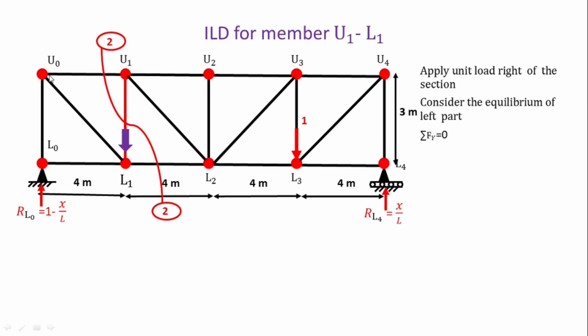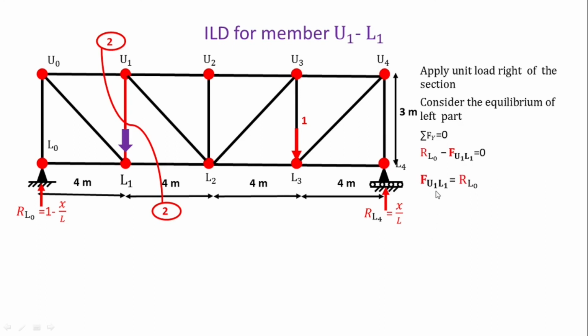So take here sigma Fy equal to 0. This section cuts U1U0, L1L2, but these members are horizontal, so that does not come under the sigma Fy condition. So the only unknowns are this U1L1 and this R_L0, but R_L0 is 1 minus x by L, that we can calculate. So again R_L0 minus F_U1L1 is equal to 0.